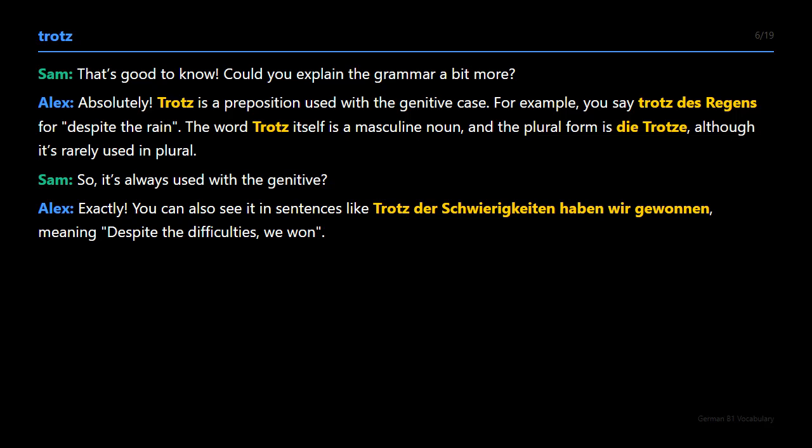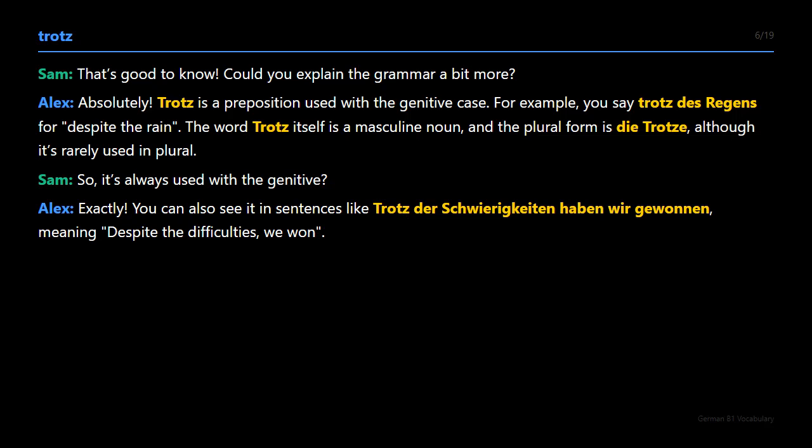The word "Trotz" itself is a masculine noun, and the plural form is "Die Trotze", although it's rarely used in plural. So, it's always used with the genitive. Exactly. You can also see it in sentences like, "Trotz der Schwierigkeiten haben wir gewonnen", meaning despite the difficulties, we won.